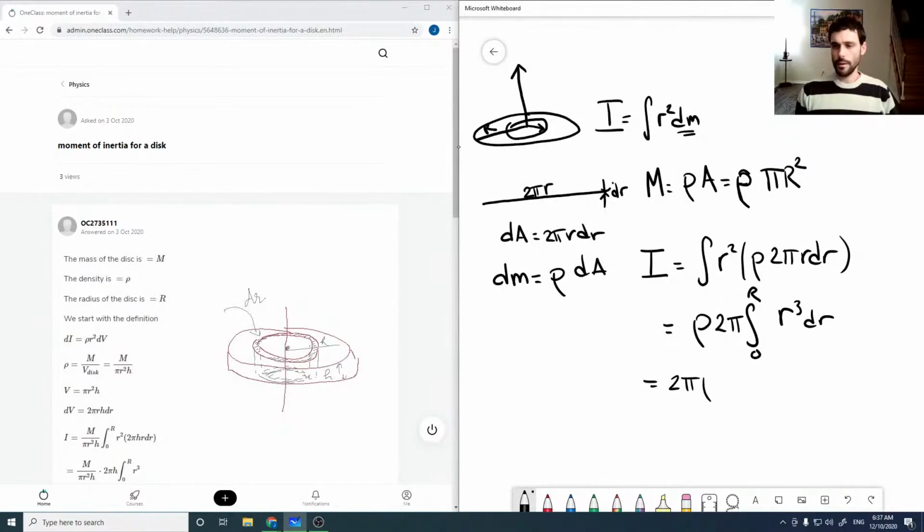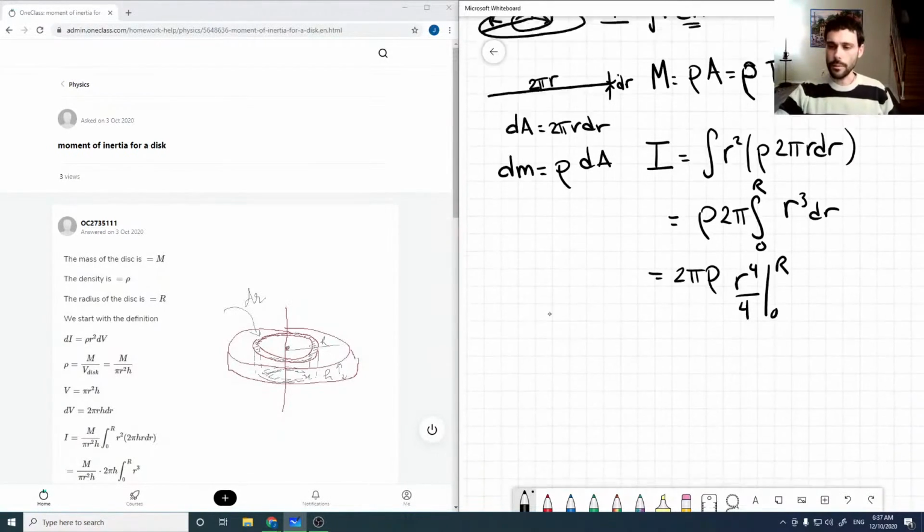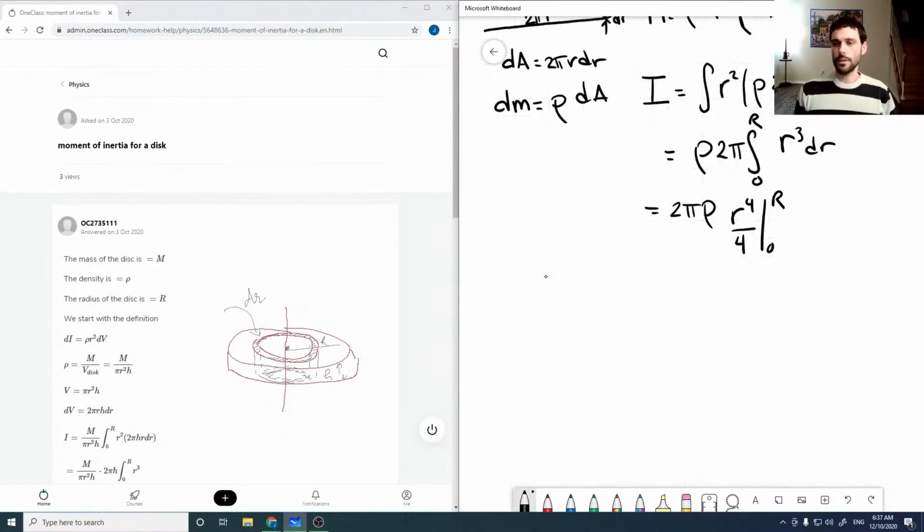And so we have 2 pi rho. The integral of a power is you just pop the power up by 1 and then divide, so it'll be r to the 4th over 4. And our limits are 0 to R. Now when r equals 0, this is going to be 0, so we just need the upper limit. So then 2 pi rho R to the 4th over 4.